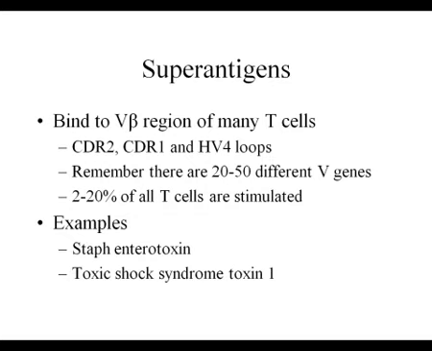So remember last week when we talked about how you get rearrangement, and there's a whole bunch of different V segments that can get rearranged. Well, probably 20 to 50 different ones in any individual.